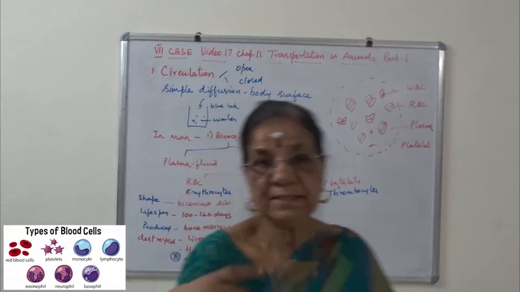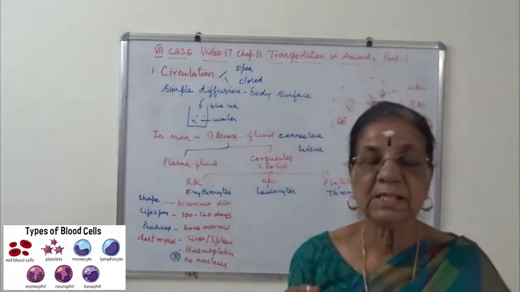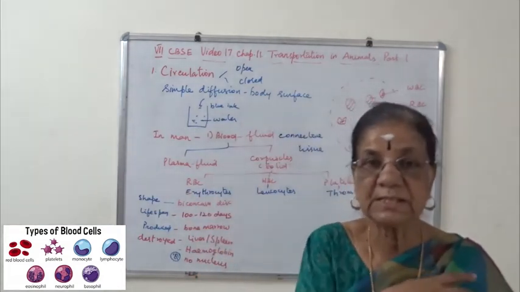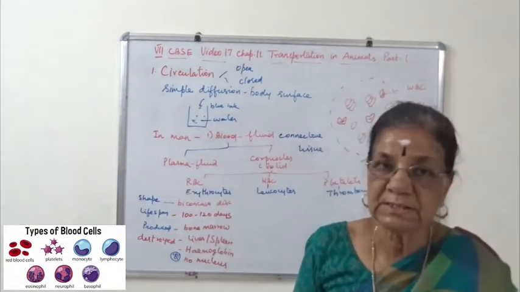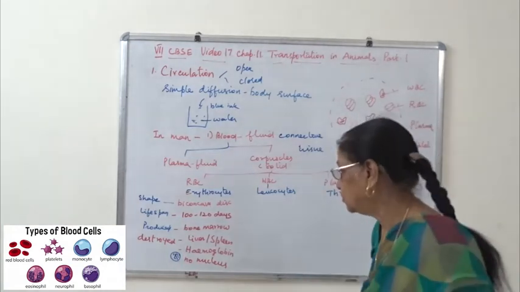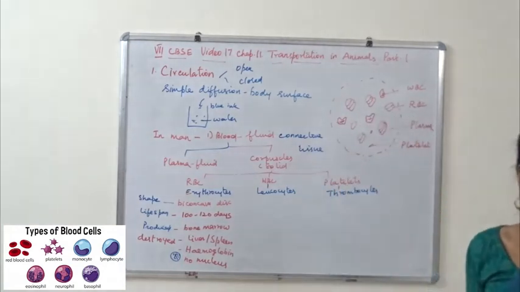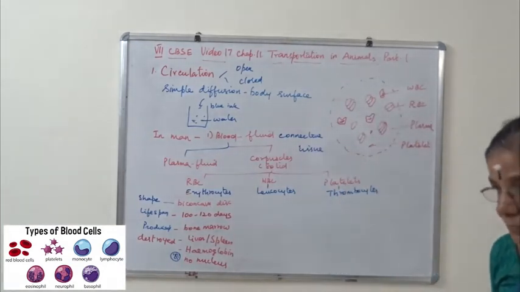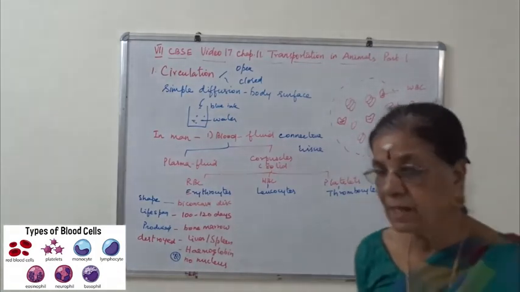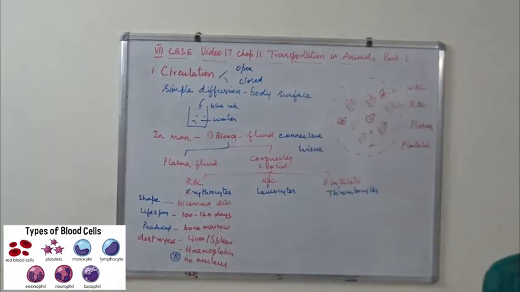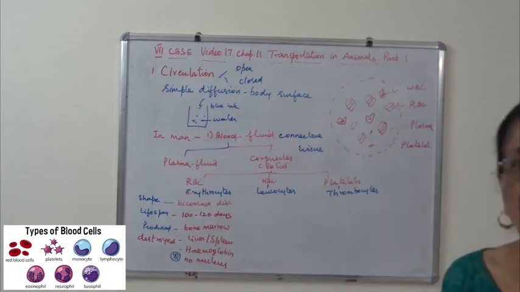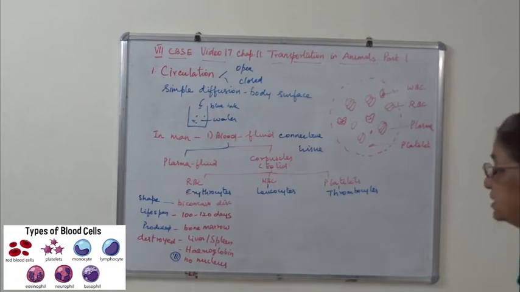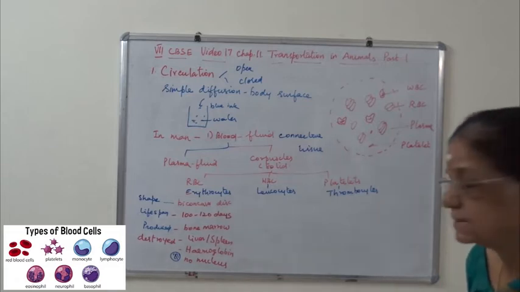Because RBC itself is synthesizing and carrying oxygen, so there is no necessity for a nucleus. Clear? So in phloem sieve tube, we'll study next. Plant's food conducting tissue, there also, and in mature RBC, absence of nucleus. I hope you understand. So this is for erythrocytes.